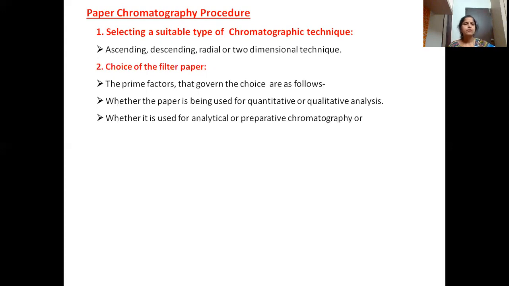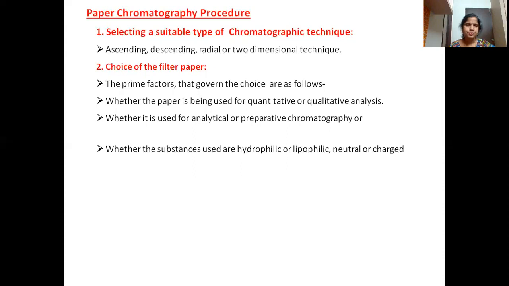Then we should also check whether it is used for analytical or preparative chromatography. In analytical, very small traces of a sample will be given, whereas in preparative chromatography you can measure its quantity, so a large amount of sample is also required. Based upon whether the sample is a small or large amount, we need to select the filter paper.